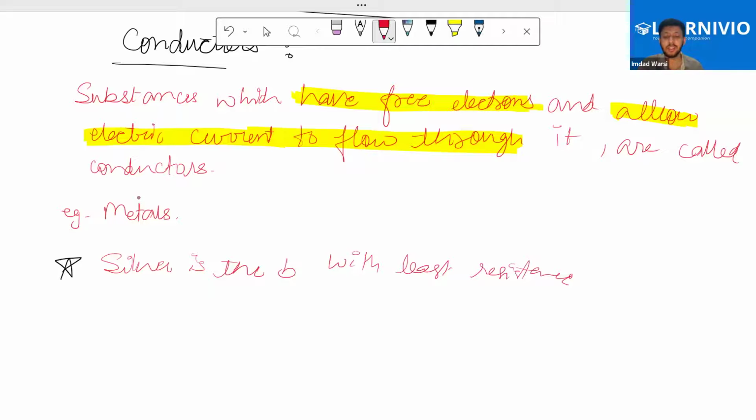Resistance, we'll see what resistance is, right? But the point is that since its atomic structure is that way, the flow of electric current is very high in silver.